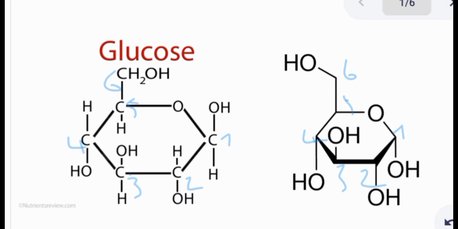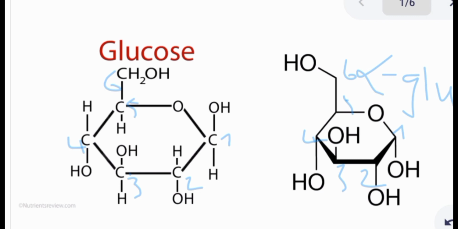So if we look at this first structure to the right, you see that the OH group at the first carbon is down. So this structure is called the alpha glucose.